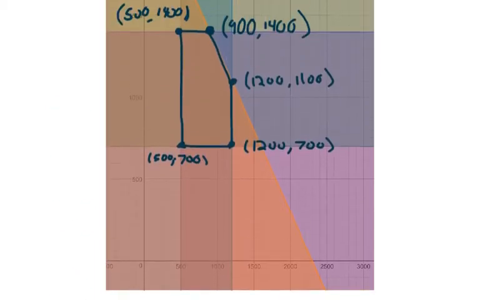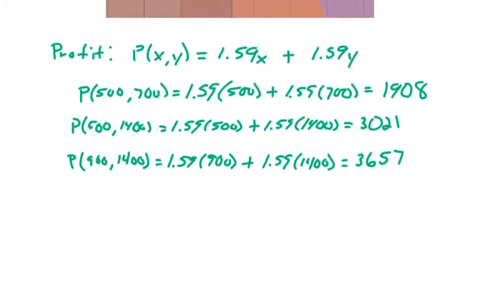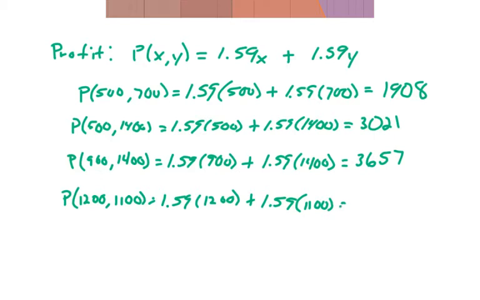So that's the third one. 1,200, 1,100 is next. So profit for 1,200 widgets, 1,100 gadgets. So $1.59 times 1,200 plus $1.59 times 1,100. And that is also a profit of $3,657.